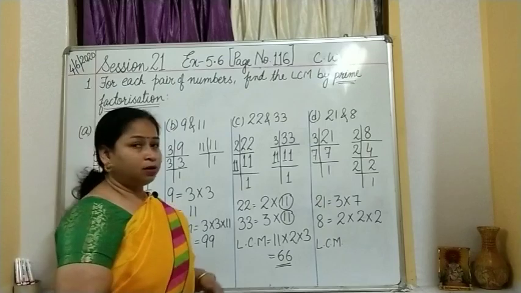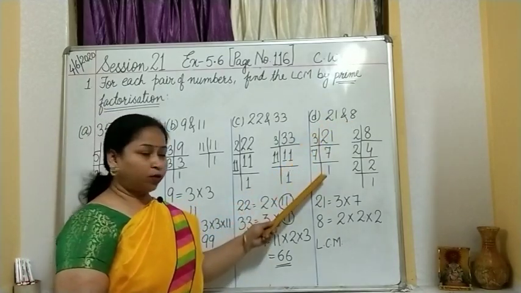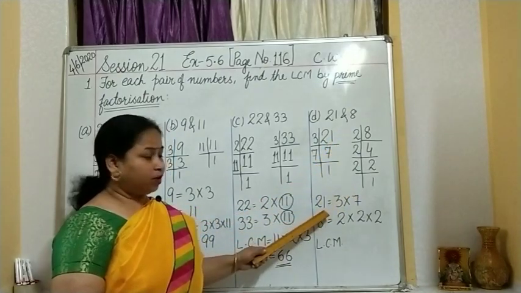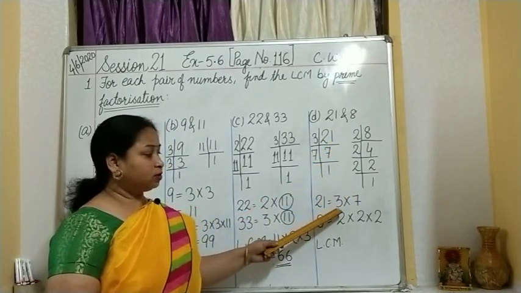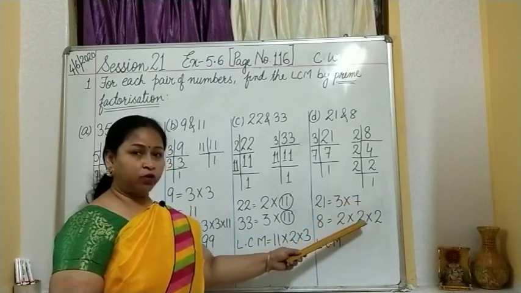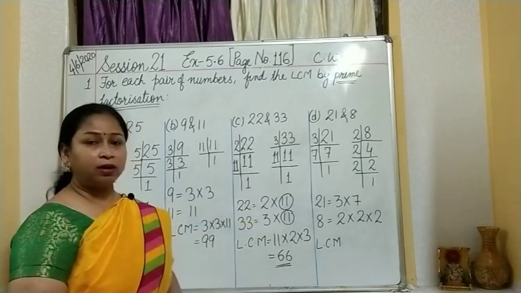Look at question D, 21 and 8. I have already found out the factors for 21 and 8. The prime factors are 3 and 7 for 21, and for 8 we have 2 multiplied by 2 multiplied by 2. Do you find anything in common?